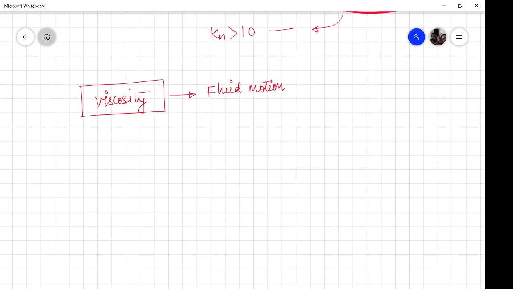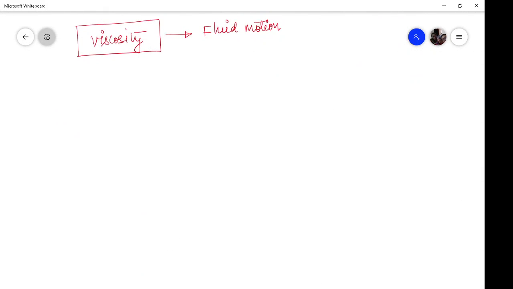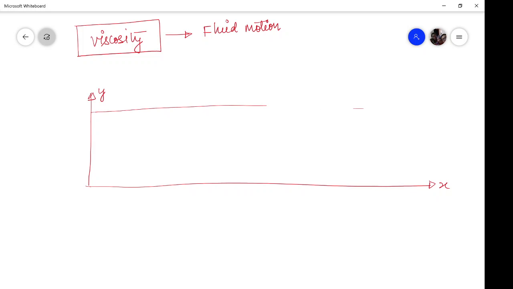To understand how this viscous interaction comes into play, consider that this is your x-axis and this is your y-axis, and fluid is there. This is the free surface of fluid, let us say.